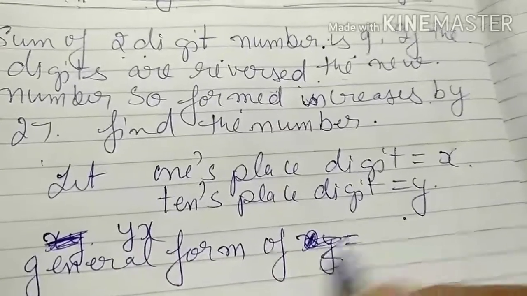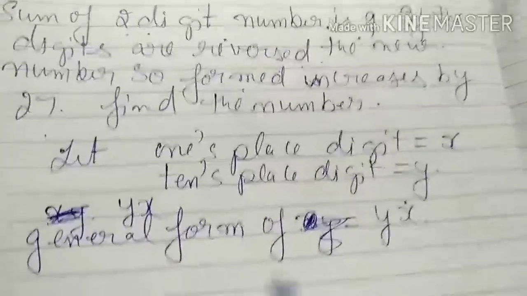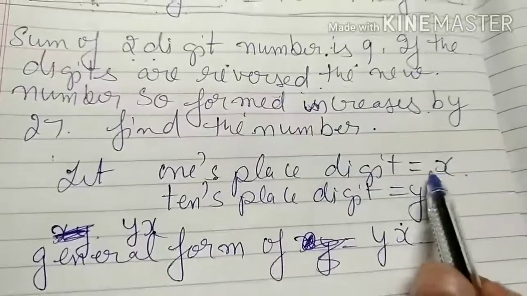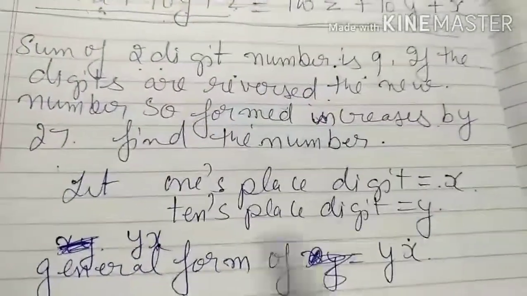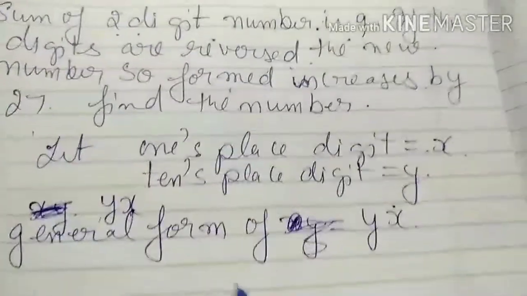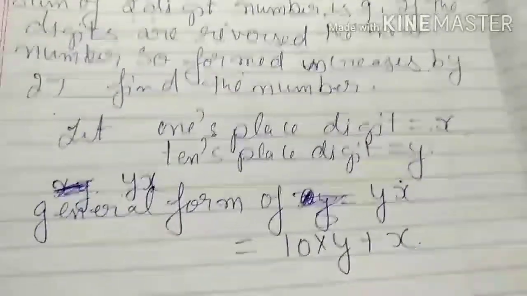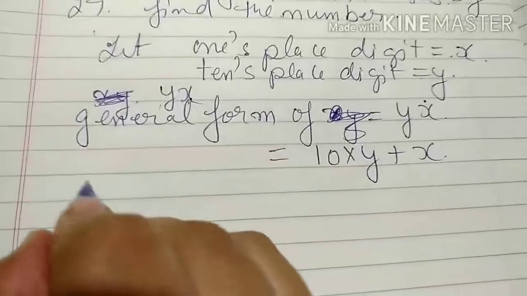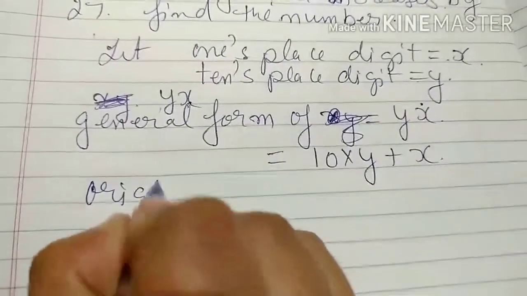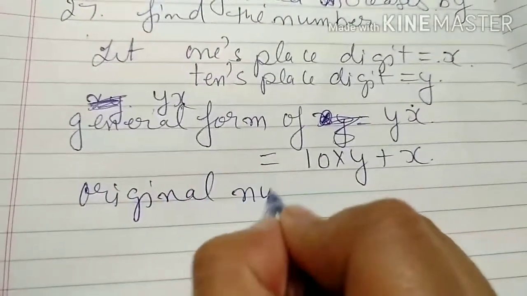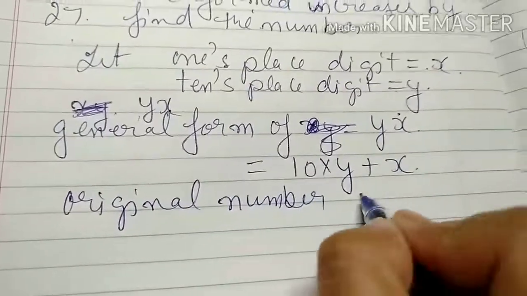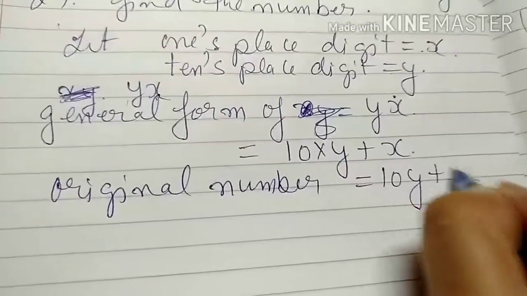So the general form of yx is 10 into y plus x. That becomes my original number. So we consider my original number is equal to 10y plus x.